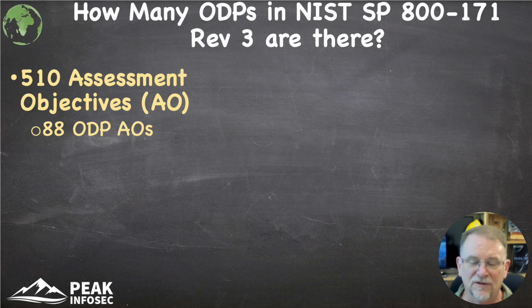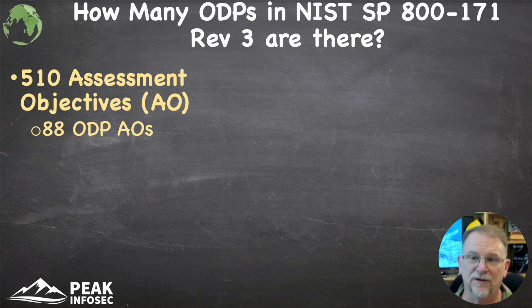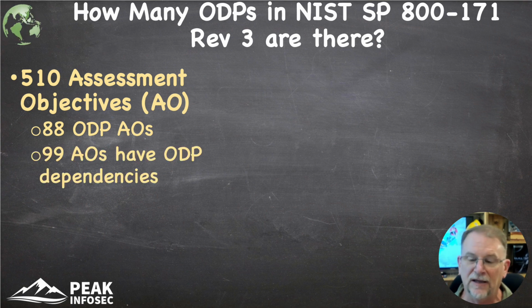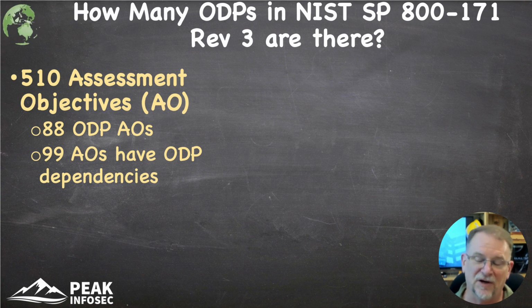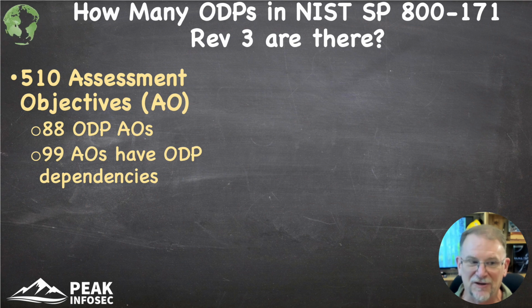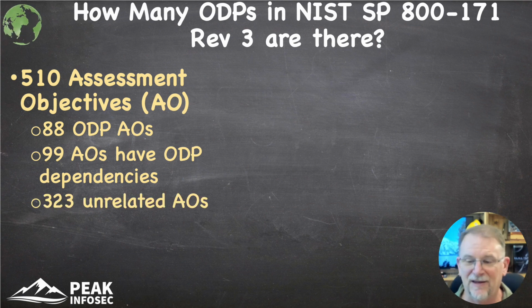Out of that 510, there are 88 ODPs, so that's specifically where you're defining exactly what that would be. 99 of those 510 then have dependencies upon those 88 ODPs. So if you don't get those 88 right, you don't get 99. And then there are an unrelated 323 assessment objectives that are just you doing stuff that you need to do.